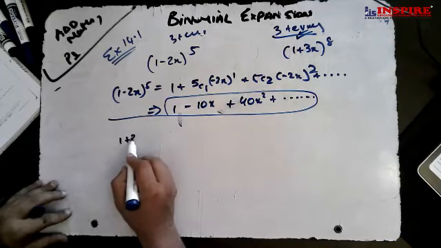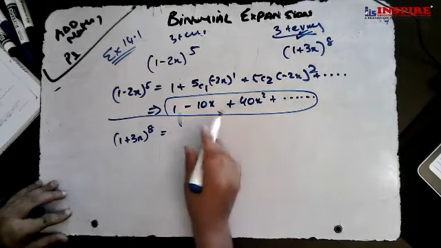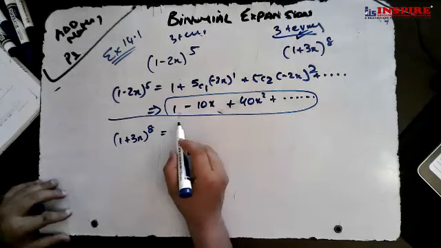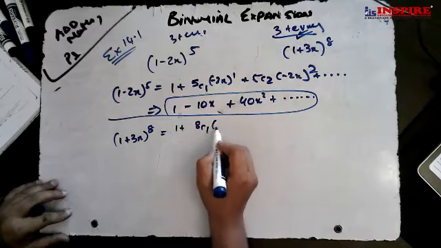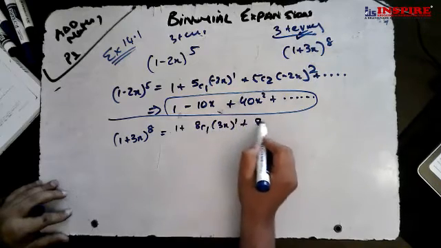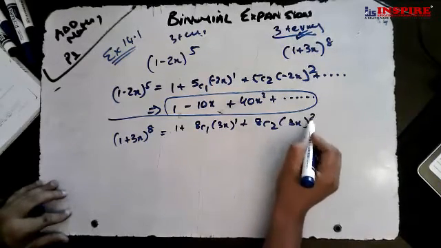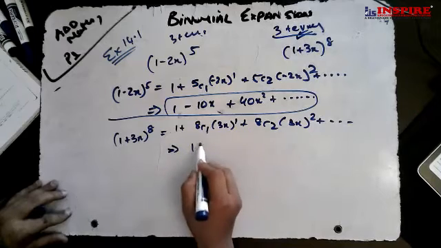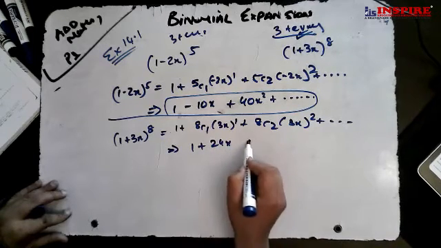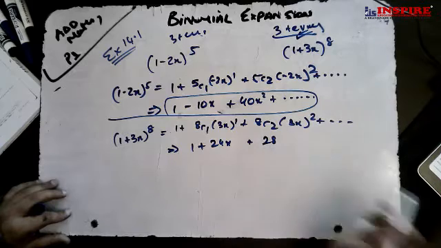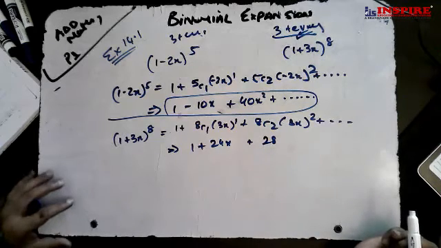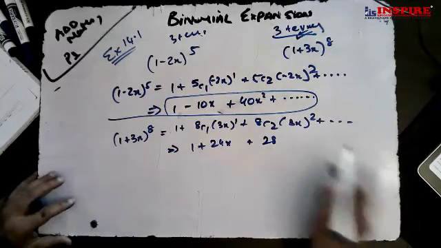Then 1 plus 3x to the power of 8 is equal to 1 plus 8c1 3x to the power of 1 plus 8c2 3x to the power of 2 plus dot dot dot, which is 1 plus 24x plus 8c2 is 28, 28 into 9 is how much? 252. Take 28 from 280. 252.